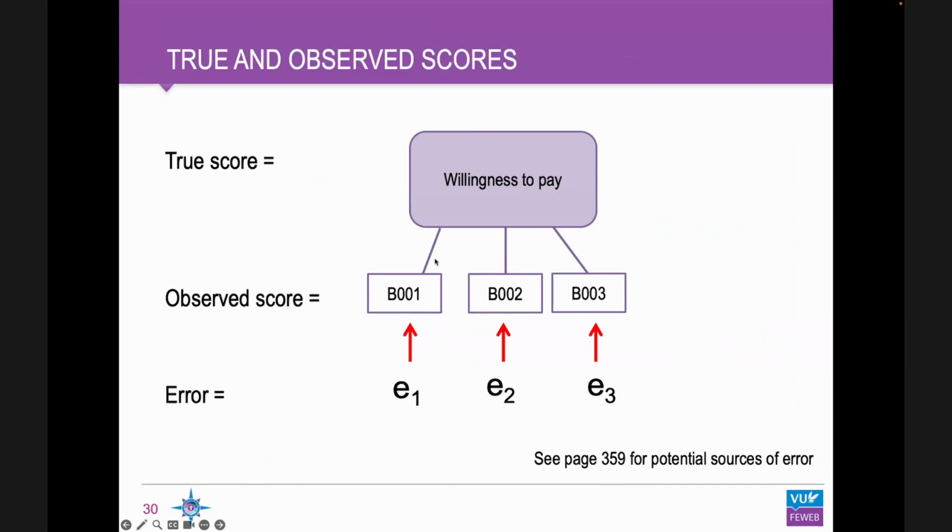We measure willingness to pay with these 3 items, and each item can come with its own error. This is what E meant in the previous question as well. These can be related to random errors. For instance, you answer online and you were not able to concentrate enough, so your answers don't reflect the reality about you. Then that would be an error.